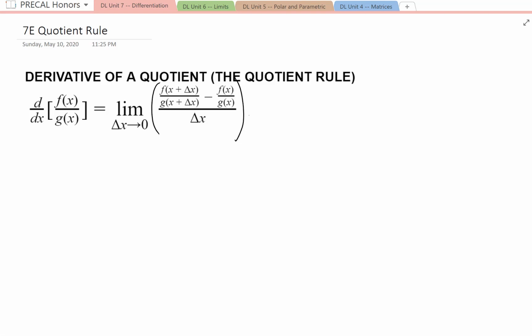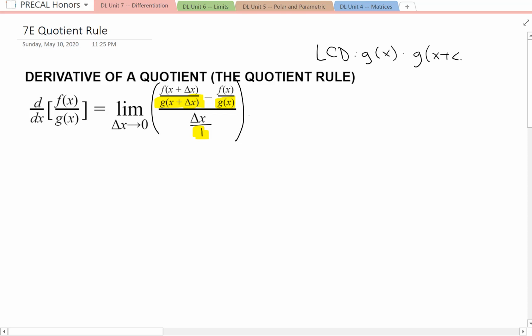What is the LCD? You have g of x plus delta x, g of x, and the denominator of the denominator is just 1. So our LCD is going to be g of x times g of x plus delta x.